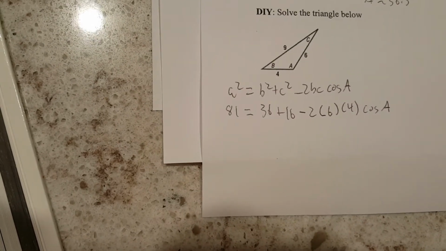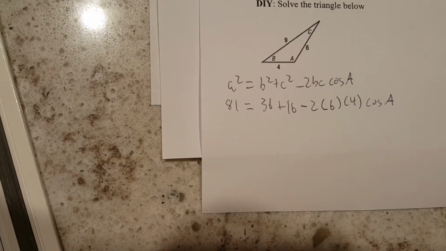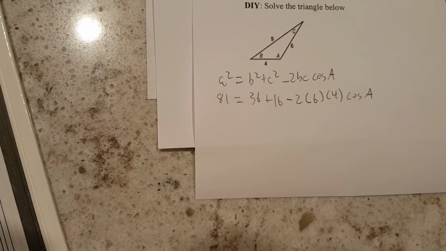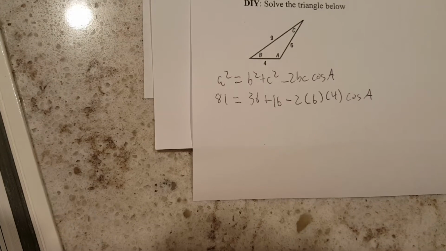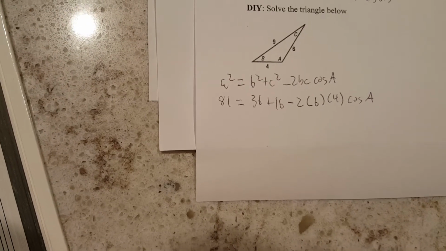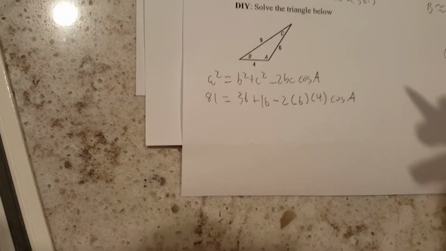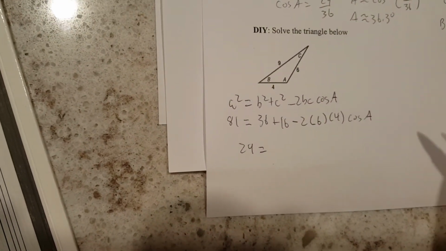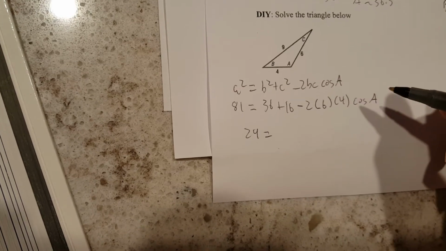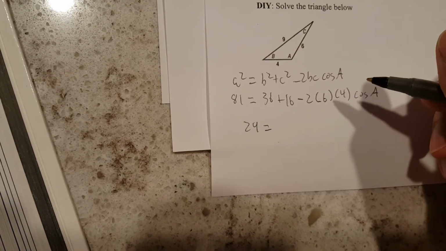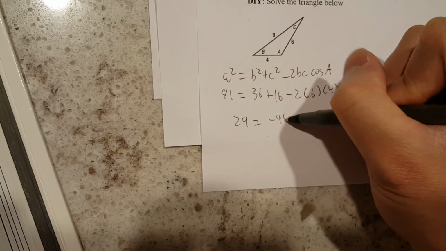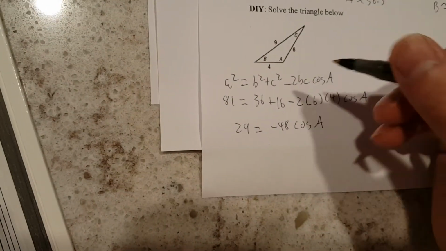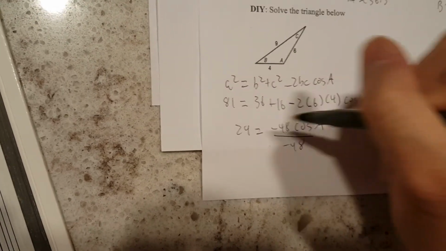So I get 29 is equal to negative 48 cosine A. And then I divide both sides by negative 48.